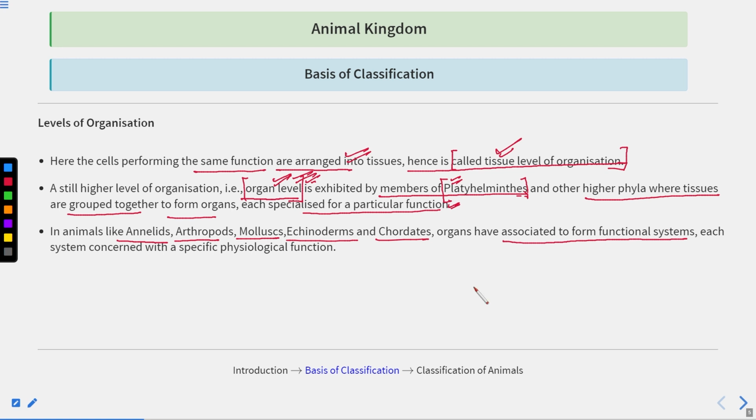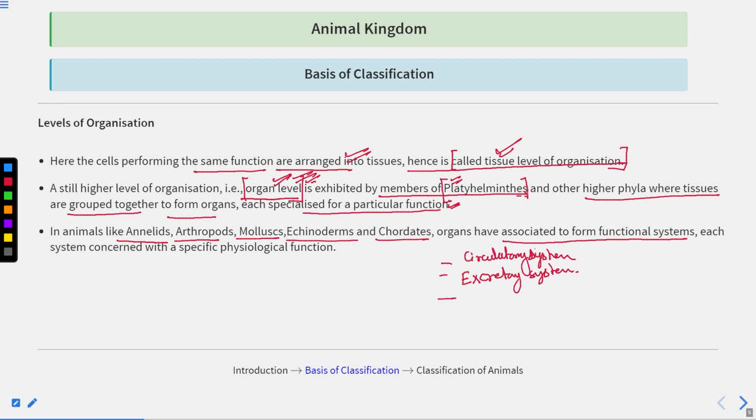Now, they have a particular system, the circulatory system. They have the excretory system, okay, they have nephridia.